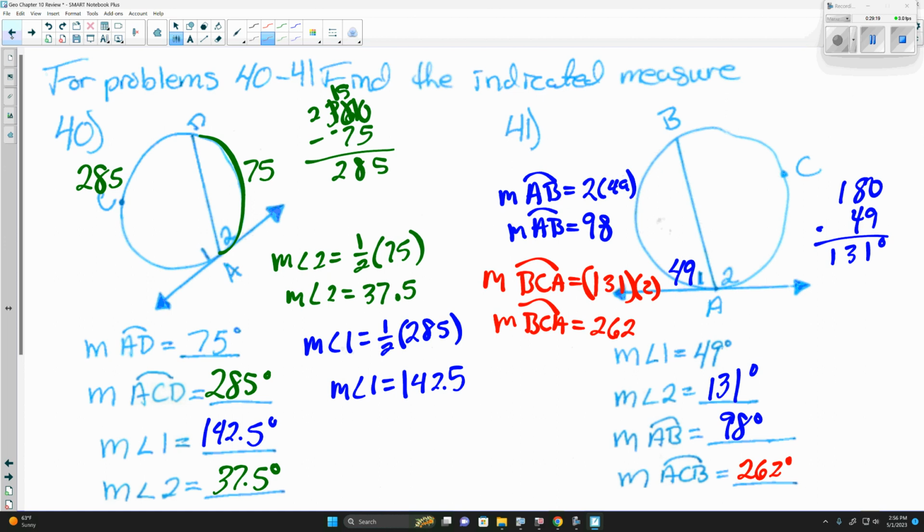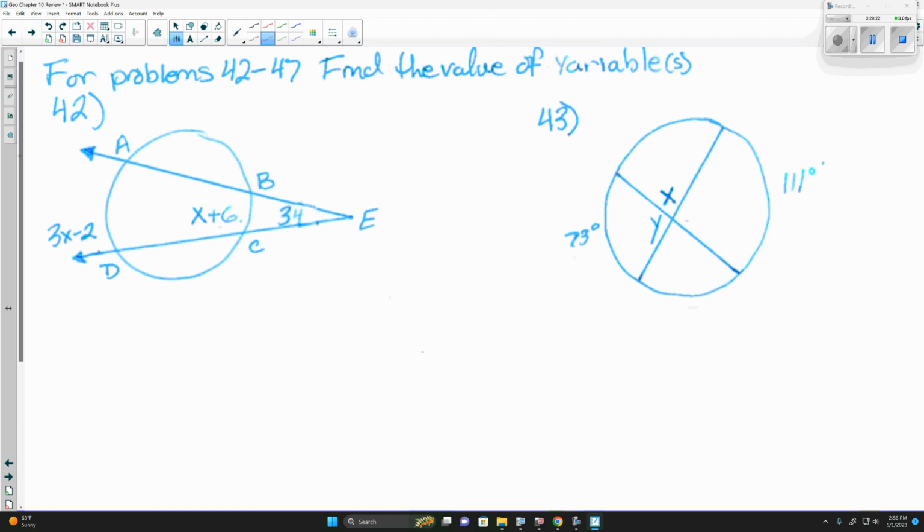So guys, for this here, if the two lines intersect outside the circle, it's bigger minus the smaller. So here, we'd have 34 is equal to 1/2 of the bigger arc minus the smaller.